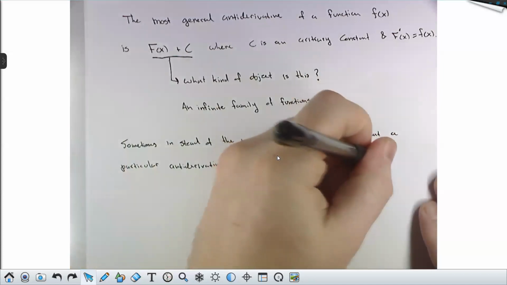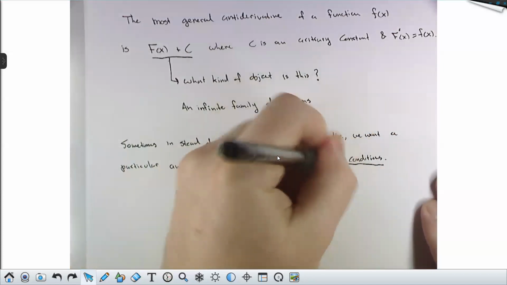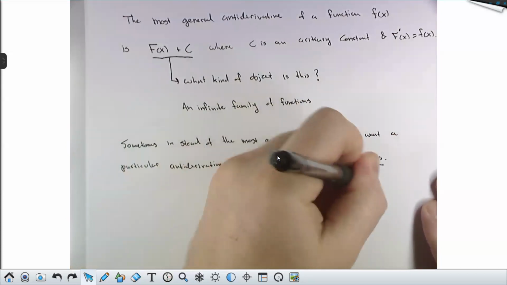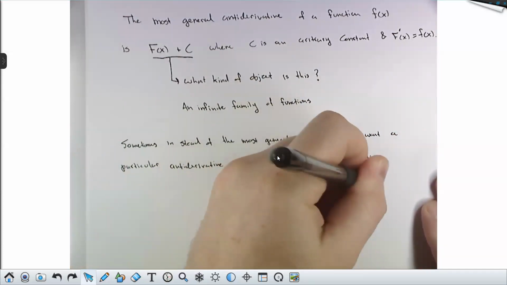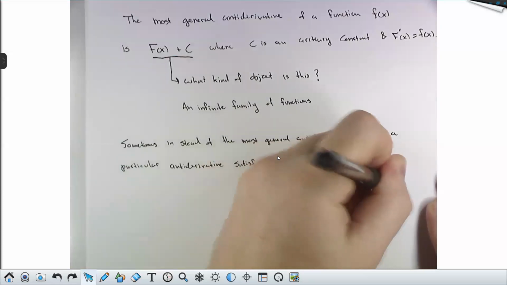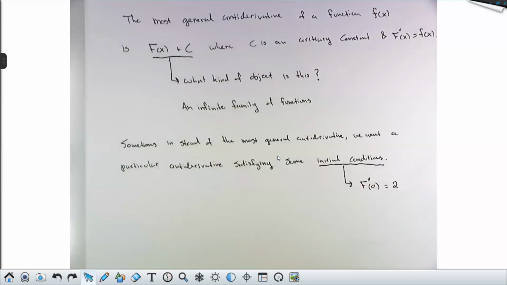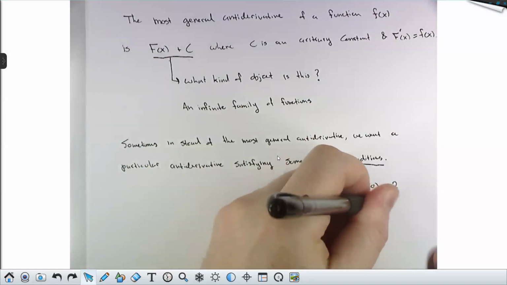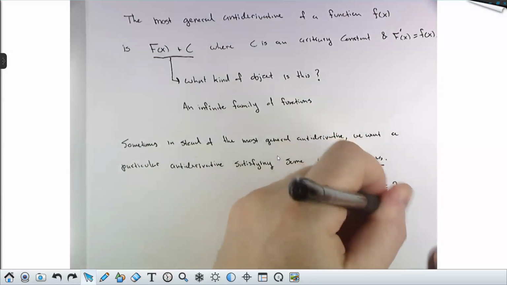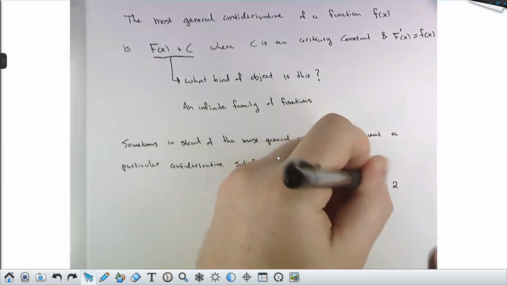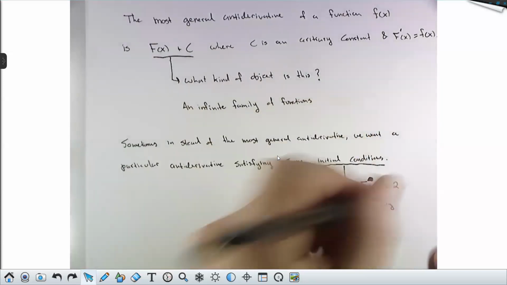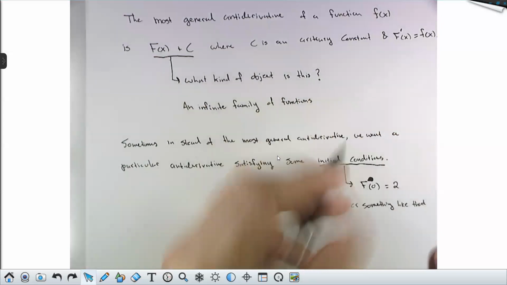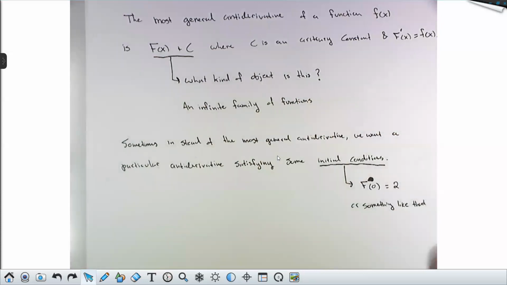Initial conditions are like I tell you what F of 0 is. I tell you, okay, I need capital F of 0 to be 2, or something like that. Forget the prime, please erase or scratch out the prime there.